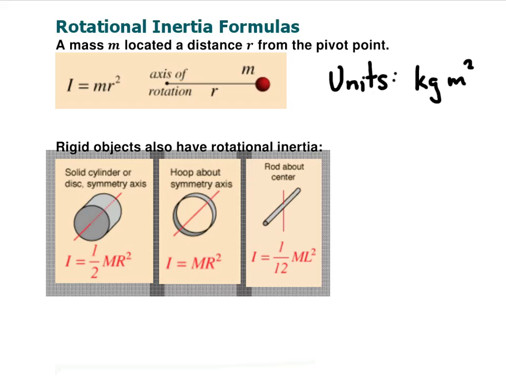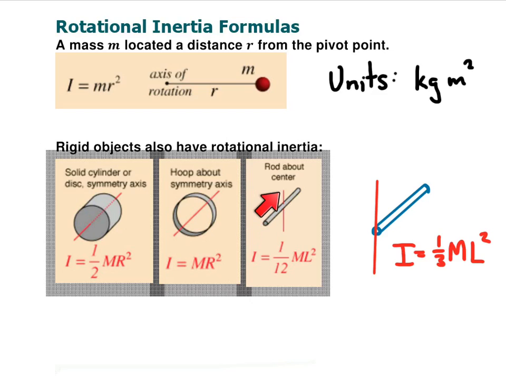One of the tricky things about looking them up is that not only does moment of inertia depend on the shape of the object, but it also depends on where the axis of rotation is, so this red line, because one of the other formulas you're going to get on your sheet is something that looks like this. Now, the only difference between this and this is where the axis of rotation is located. So you have to be careful about that.